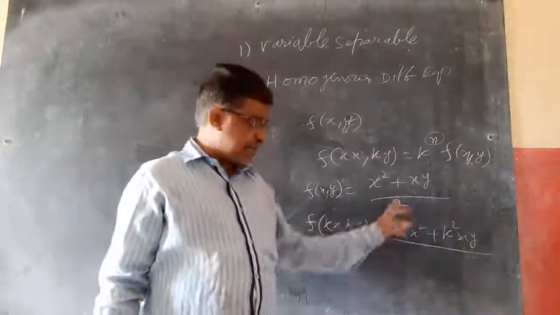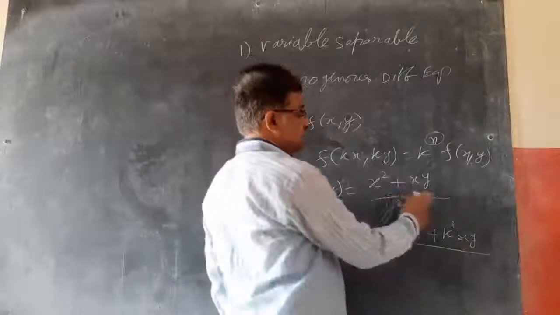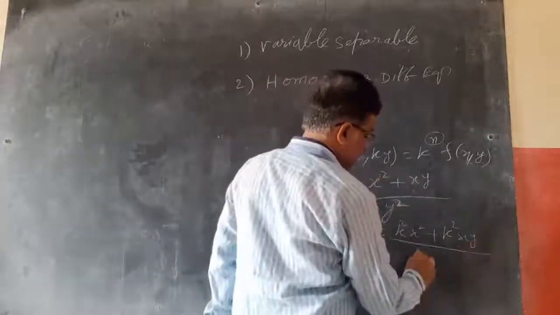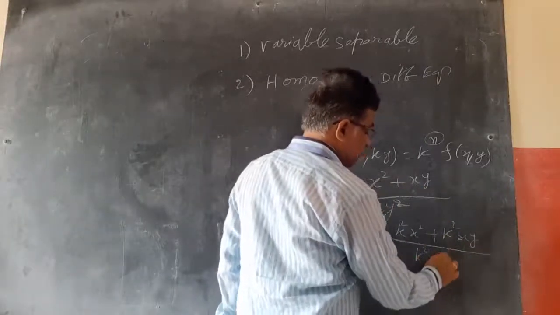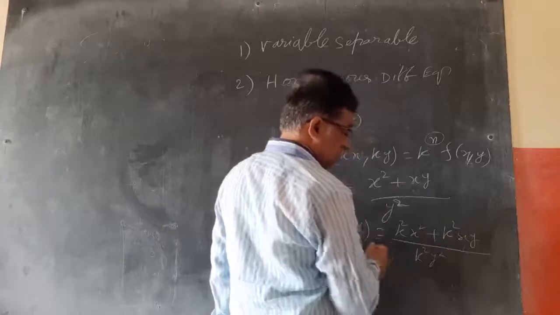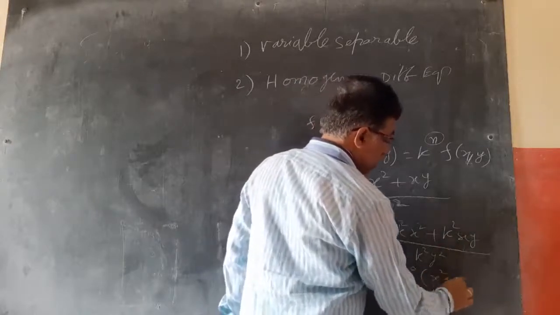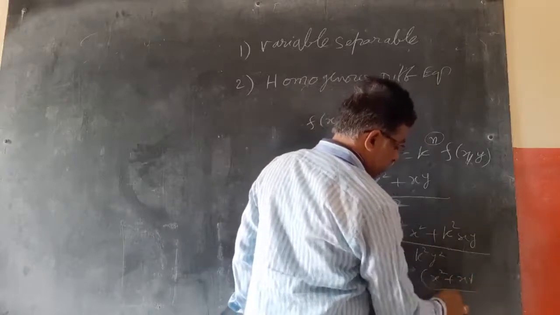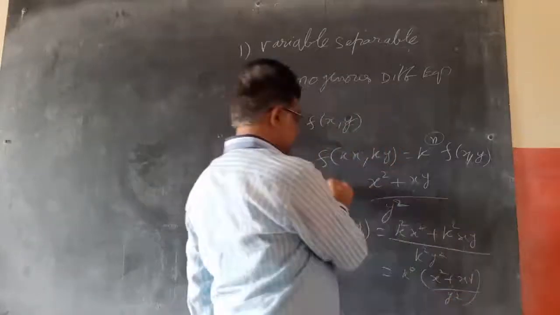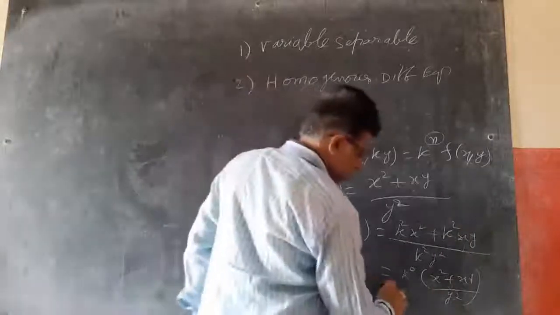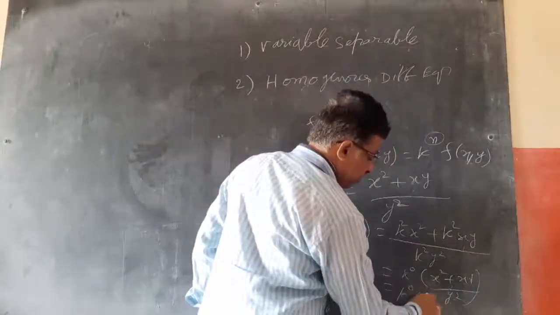Wherever y is there, I am substituting ky. So k square x square plus kx into ky becomes k square xy, divided by ky whole square, k square y square. By taking k square common and cancelling, I will get k power 0 into (x square plus xy) by y square. This is nothing but again f of x comma y. So k power 0 into f of x comma y.